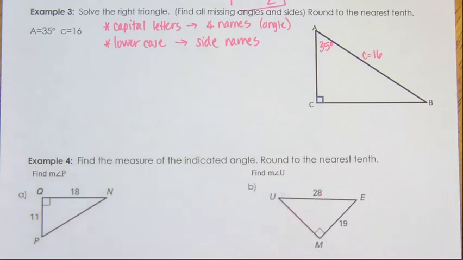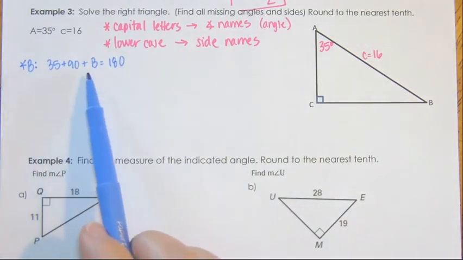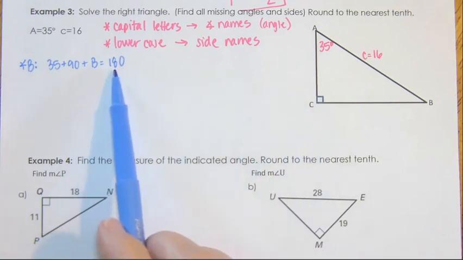The first thing I'm going to try to find is that missing angle. Remember from geometry, 3 angles add up to 180. So to find angle B, I'm going to do 35, the given angle, plus 90 degrees, this angle right here, plus angle B, all has to add up to 180.